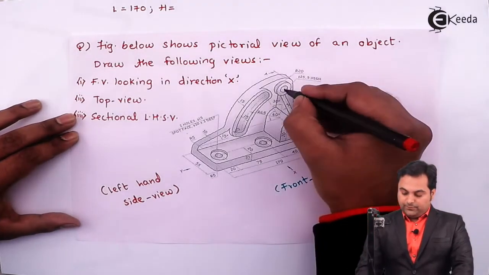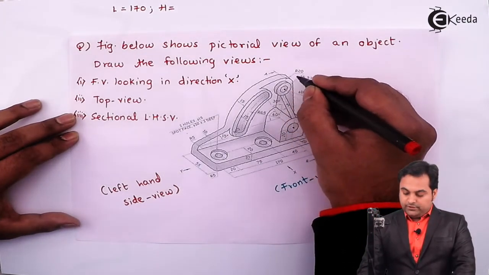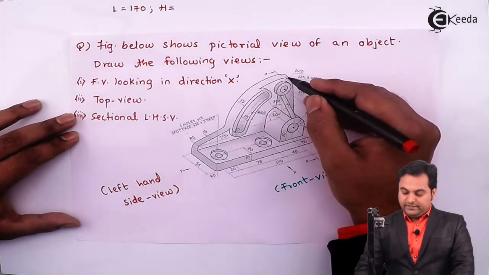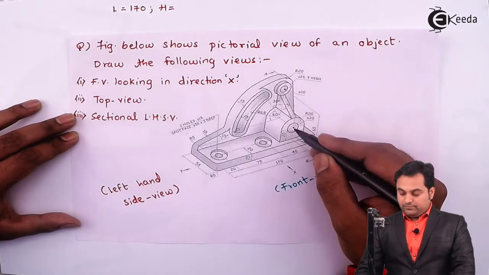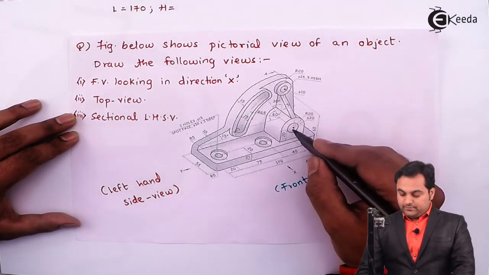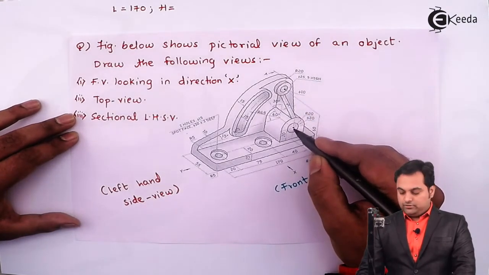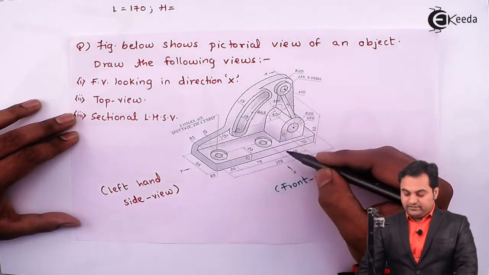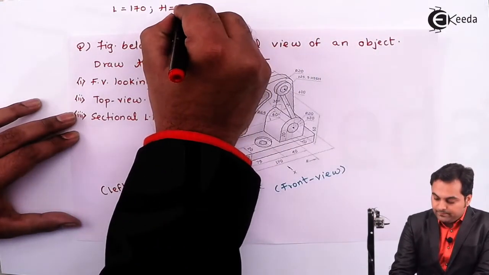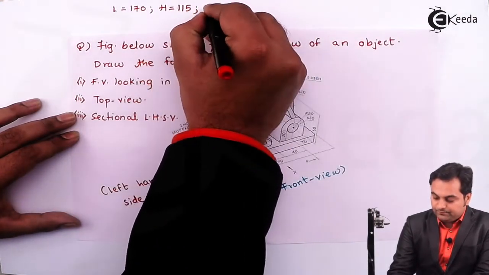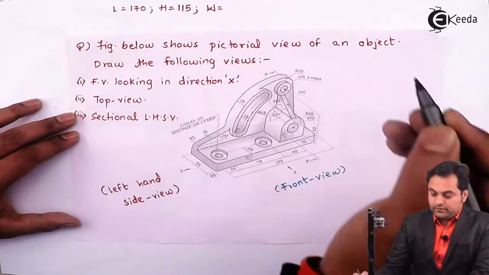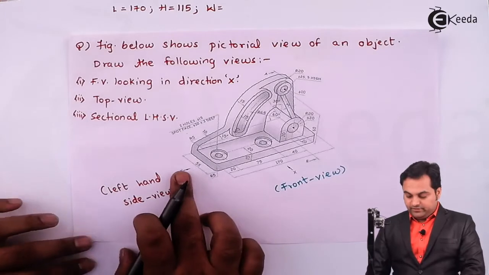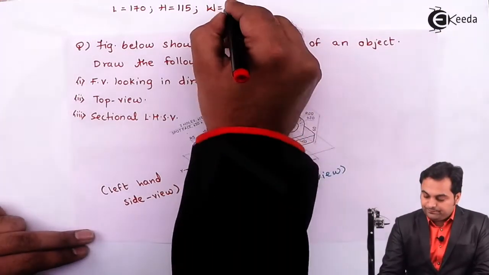Next, from the top center up to the top, here the outer radius is 20, so it is 60 plus 20, that is 80 mm from this center up to the top. Next, below this it is 20 mm, so that gives me 80 plus 20, that is 100, and 15, that is 115 mm as the total height. Then the total width, for that we have to look from left hand side, and here the total width is 55 mm.